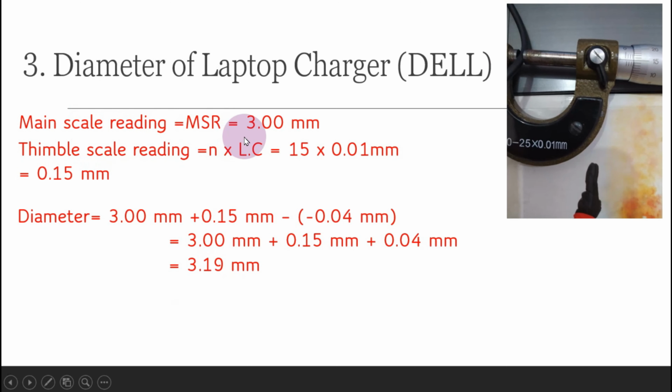The main scale reading is 3, thimble scale reading is n into least count, 15 into 0.01 millimeter, that gives you 0.15, and put it in the formula. Diameter is equal to main scale reading, which is 3, plus thimble scale, which is 0.15, minus the negative zero error, so minus minus plus, and adding all we get 3.19 millimeter, which is the diameter of the laptop charger wire. I have a DELL laptop, that is why I wrote it here.